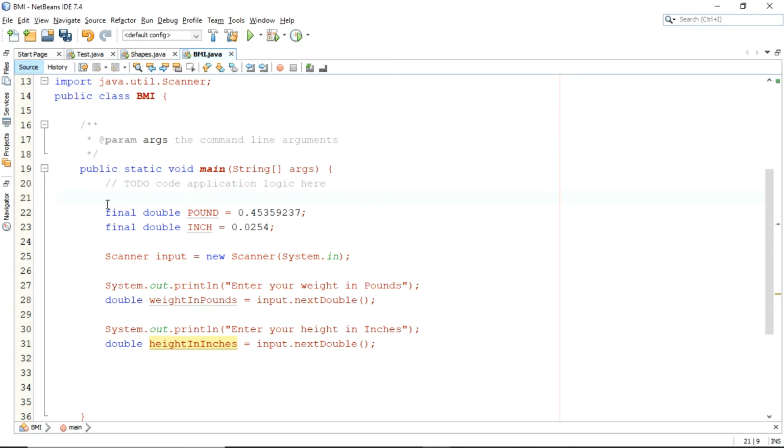So maybe a little bit to document this code, I'll say 1 pound is equivalent to this many kilograms. And we'll say 1 inch is equivalent to this many meters.